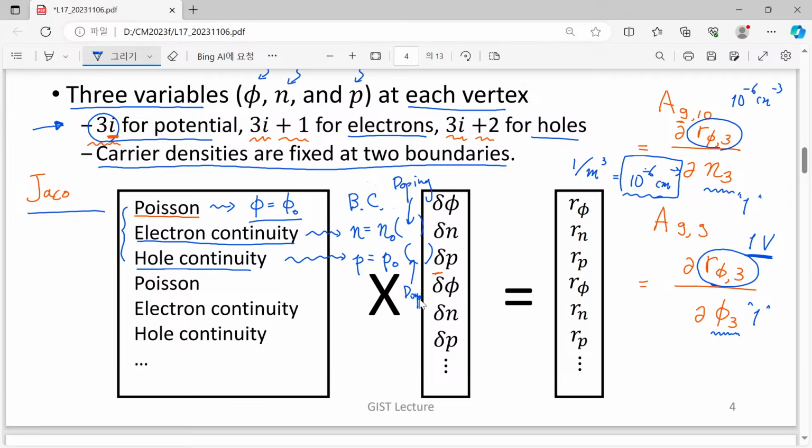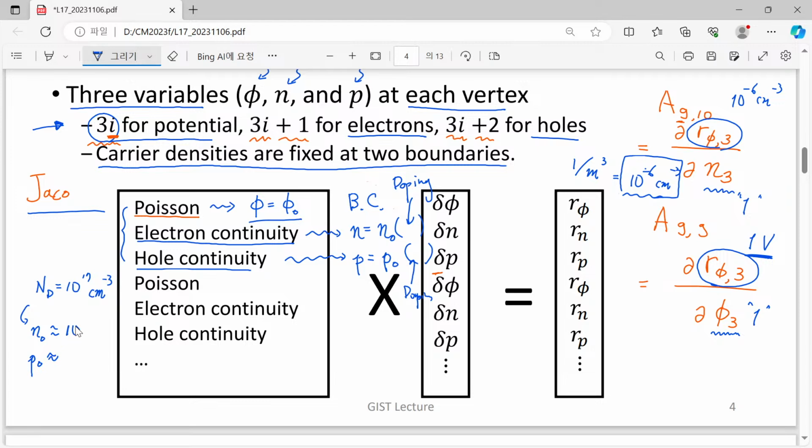Okay, I think that everybody can understand this one quite easily. For example, let's say that we have a doping density like 10^17 per cubic centimeter. Then what is your equilibrium electron density and equilibrium hole density locally?